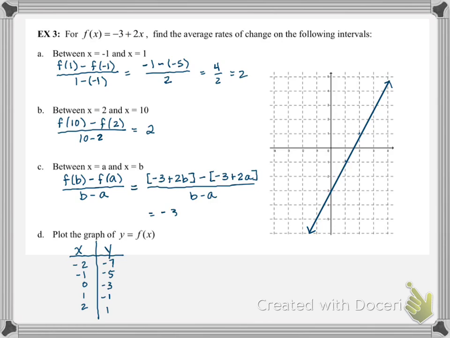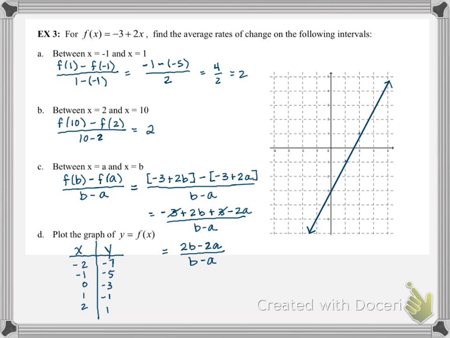So we're going to distribute: negative 3 plus 2b plus 3 minus 2a over b minus a. Well, negative 3 plus 3 is 0, so that goes away. And I have 2b minus 2a over b minus a.